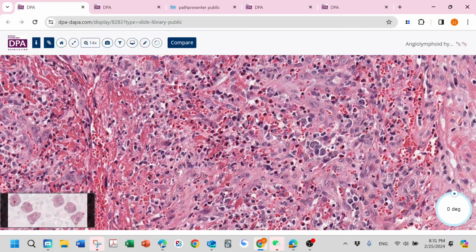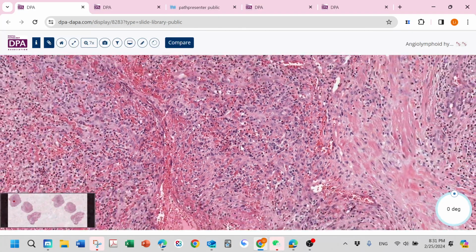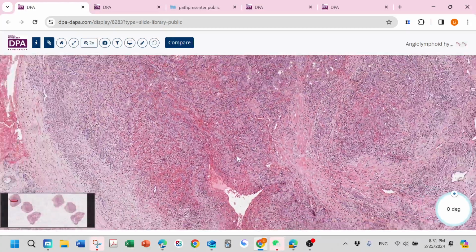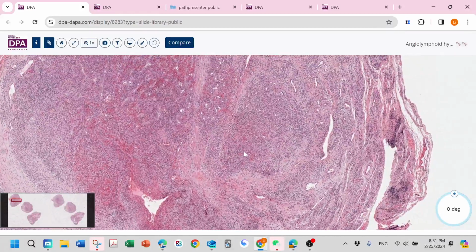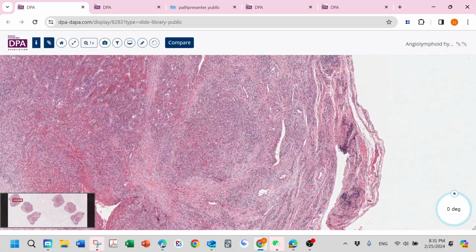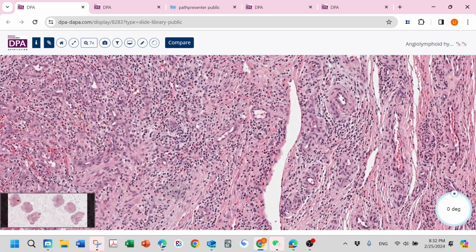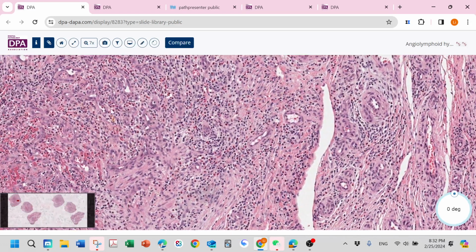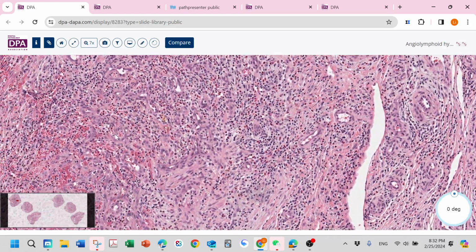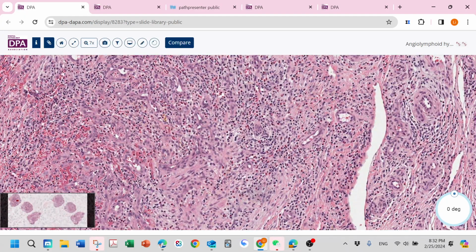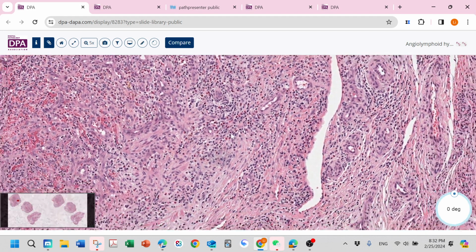When you see these eosinophils, you should think of ALHE, and then find a big dilated blood vessel, and find some vessels around. They're trying to form a lumen, but they are not very good at their job, an immature proliferation of endothelial cells.